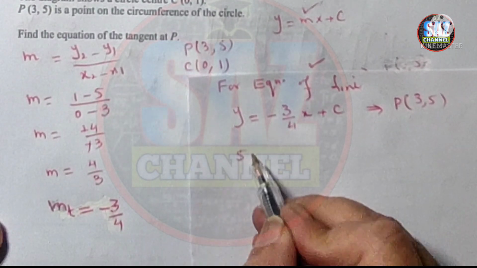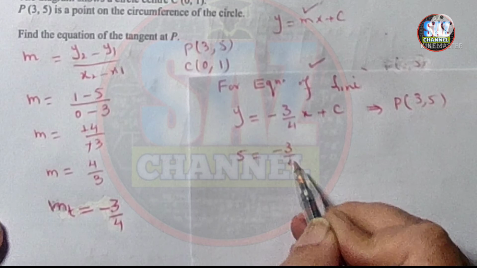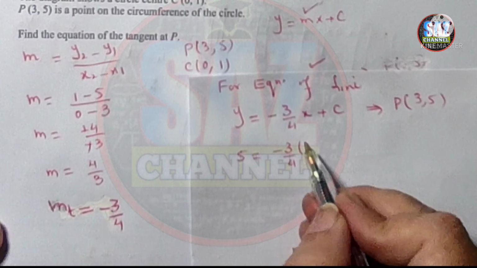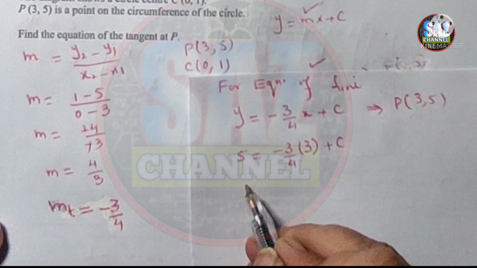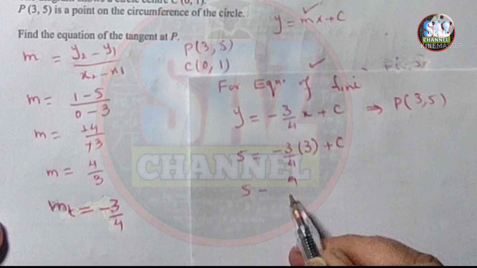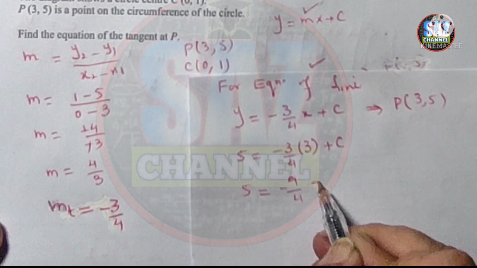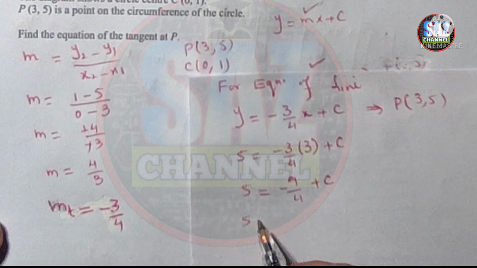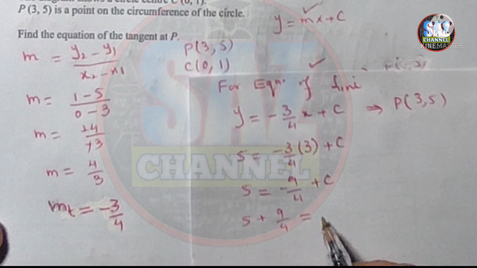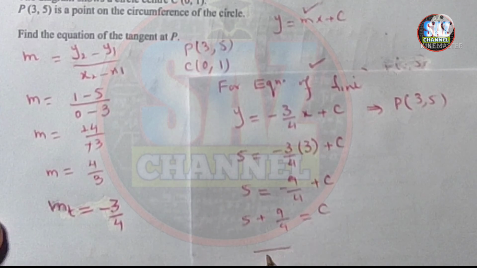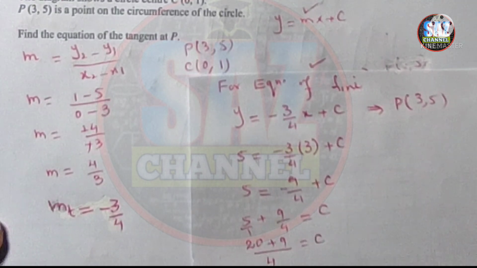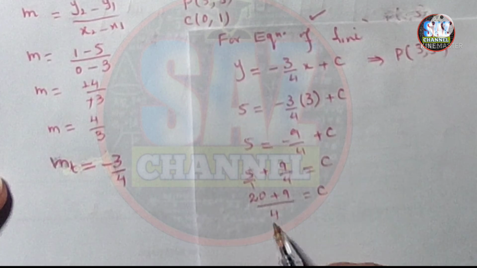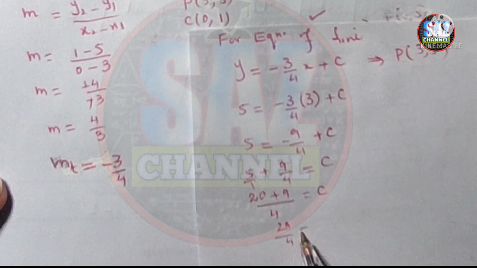Now y is 5, and minus 3 by 4 into 3, plus c. So 5 minus 9 by 4 plus c, and 5 plus 9 by 4 equals c. Take the LCM: 20 plus 9 equals c, so c equals 29 by 4.